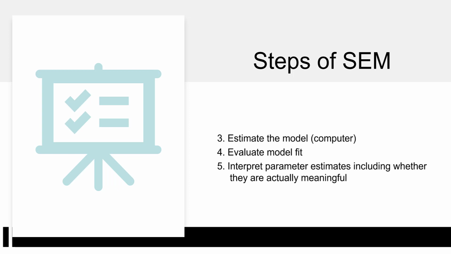So if we've got a dichotomous or categorical variable, we'll change the estimation procedures. Then the next step after that is to evaluate the model fit, and finally, once we get a good model fit, we'll look at the parameters and discuss if they are meaningful, what they mean, and whether our main outcome is predicted by our parameters. So we have to interpret the model once we find the best fitting model.